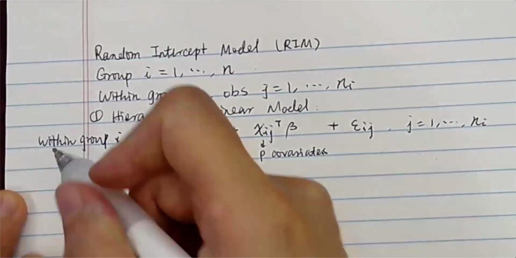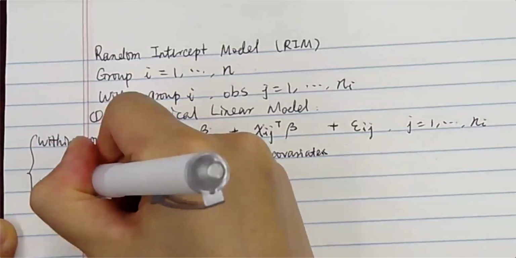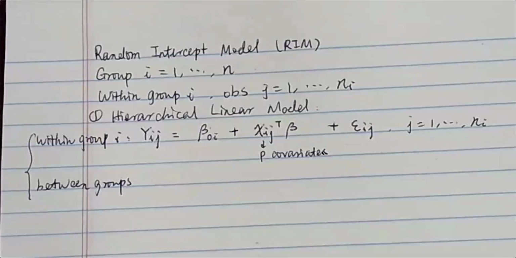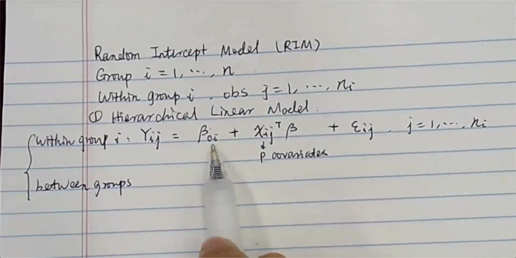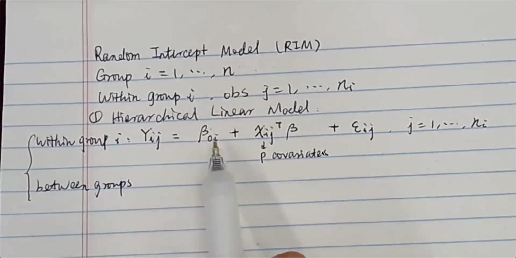We have a second layer that is between groups. That is how we model the intercepts. Right now we have m groups, so we have m intercepts, beta_0,1 to beta_0,m. And there are m intercepts as m parameters.